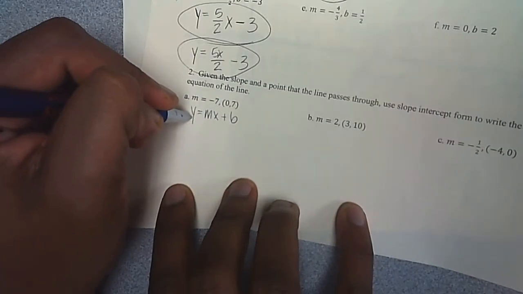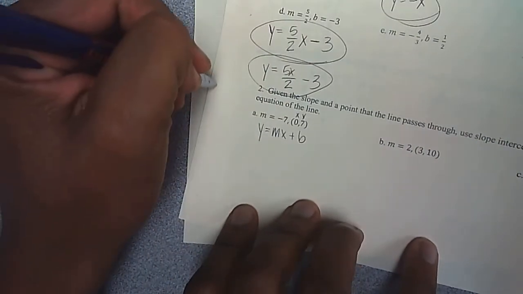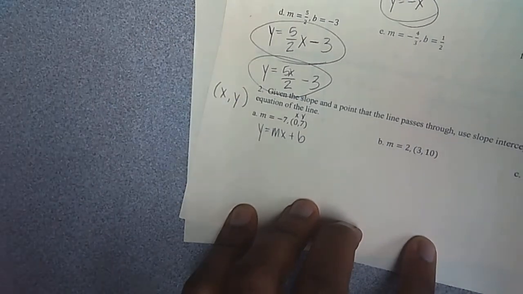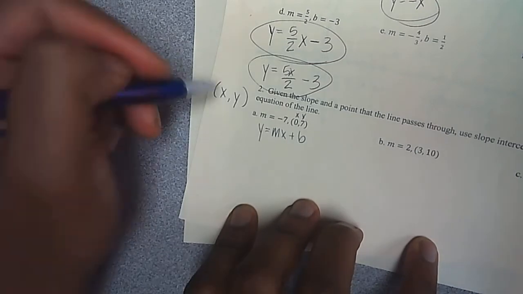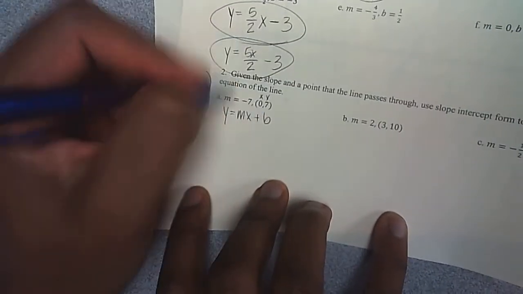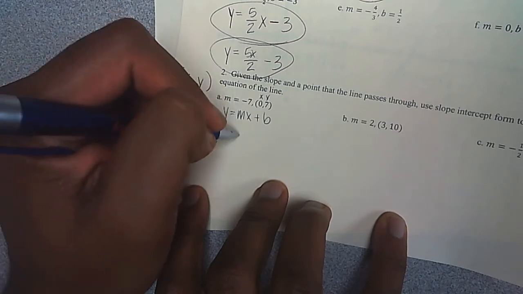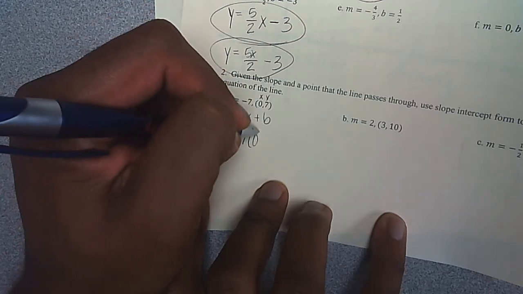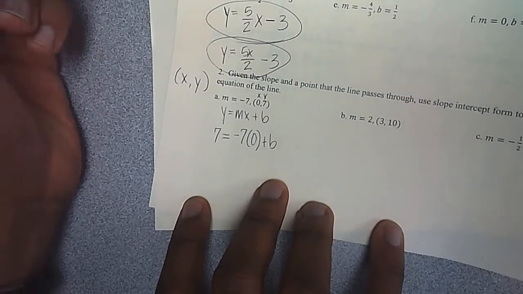I know my y is from an ordered pair. Anytime you have an ordered pair, it is always x comma y. Remember that back in 6th grade. Ordered pair, x, then y. So in this situation, my y is 7. My slope is -7. My x is 0. But I don't know my back number, so that's what I'm looking for.